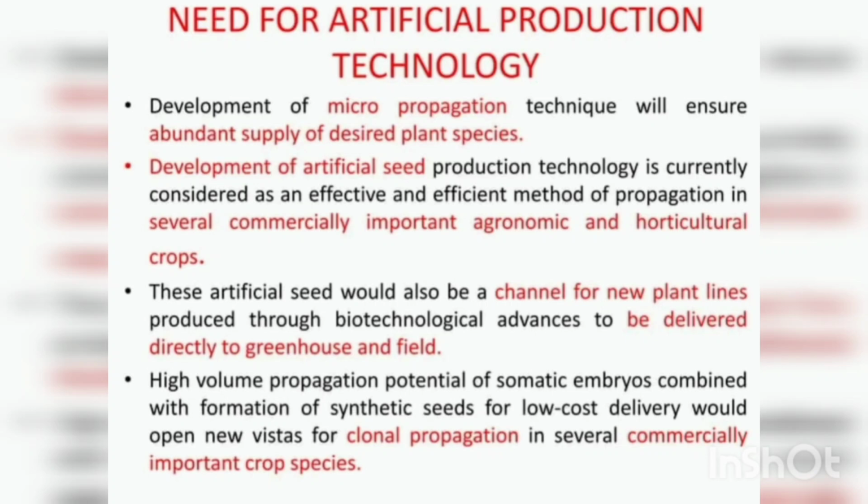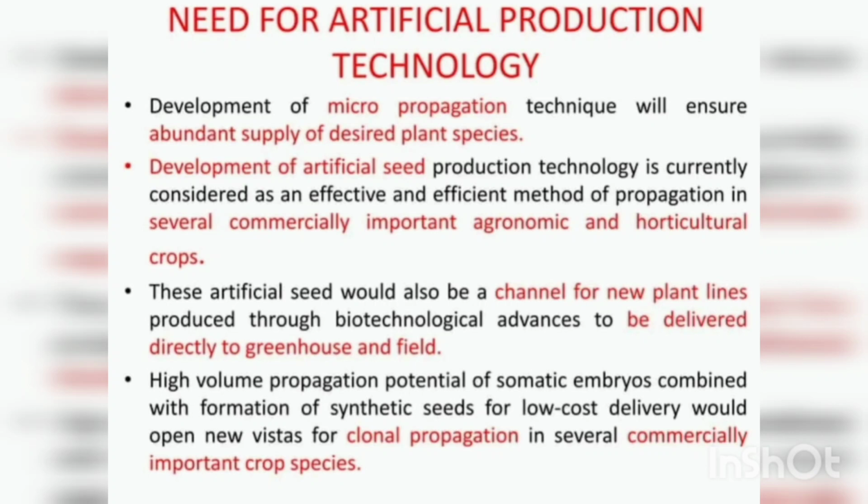So what is the need for it? One is that an abundant supply of desired plant species can be brought about. Then agronomic and horticultural crops can be produced commercially. These seeds can be transferred to greenhouse or fields.